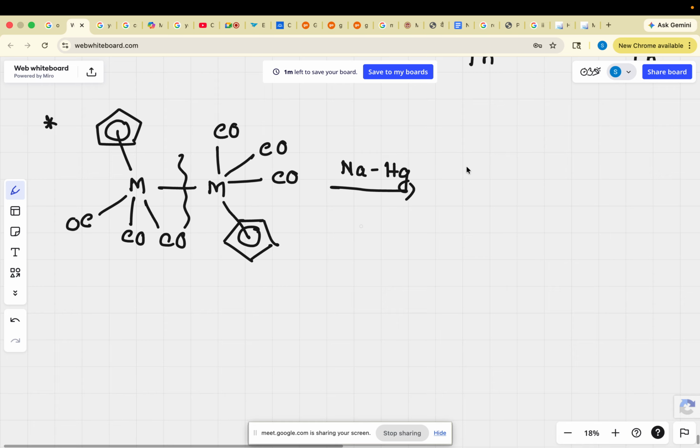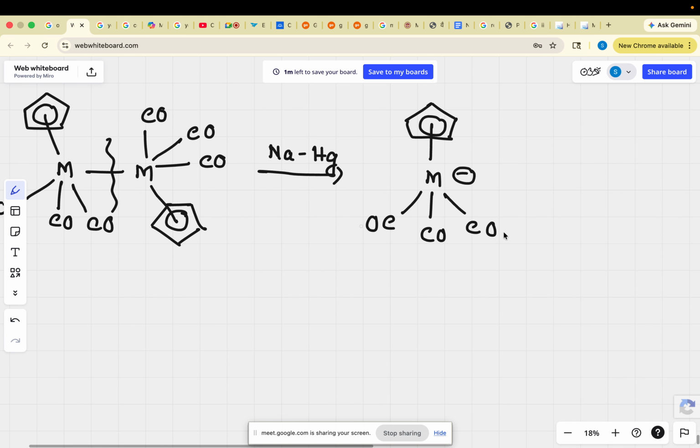This metal-metal bond will break, because sodium donates electrons. So what am I getting here? You have cyclopentadienyl, you have metal, CO, CO, CO, and negative charge you will get here. So 2 units of this you are getting.